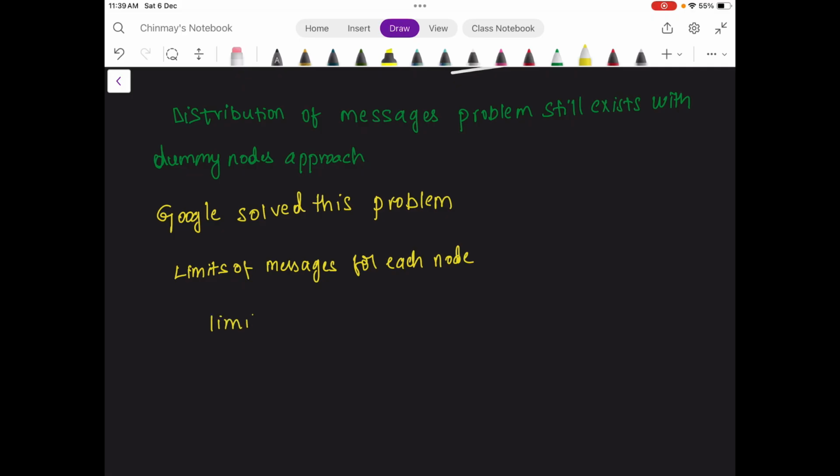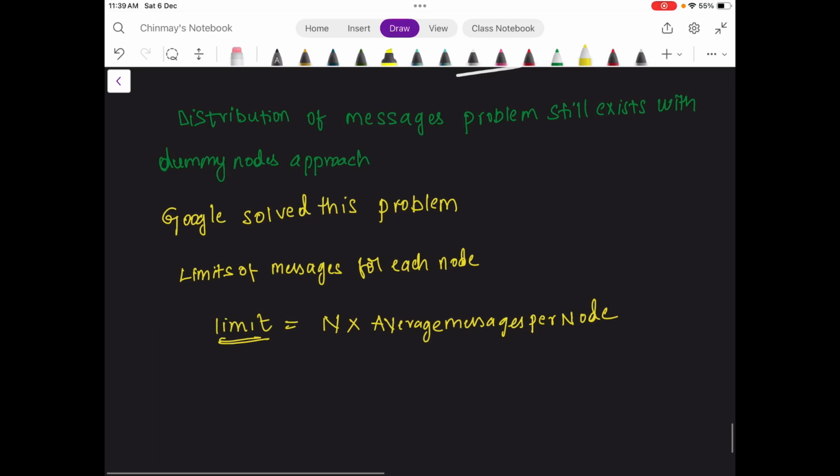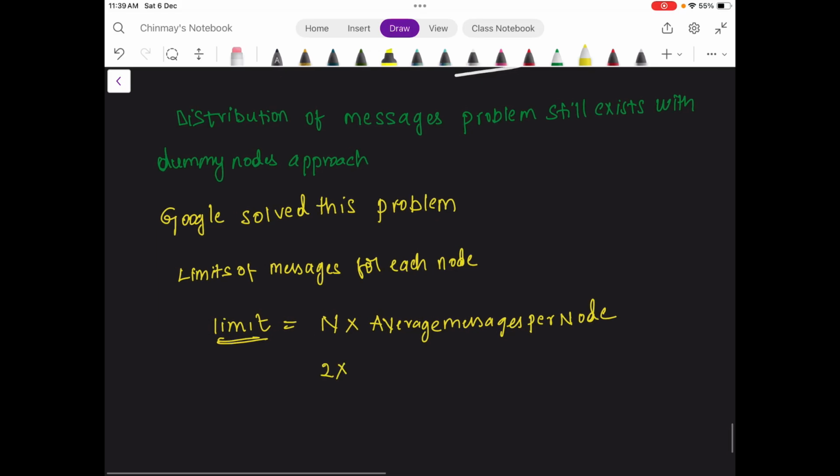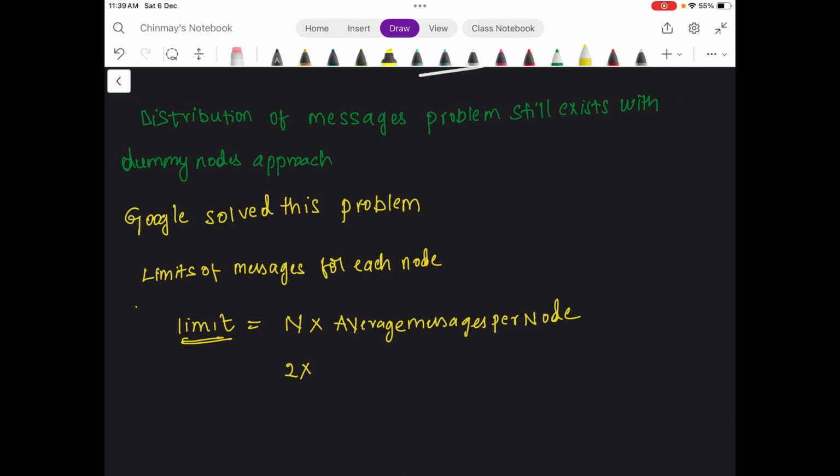Limit is equal to n times the average messages per node. This is the maximum limit for a node. n depends upon your scale. For example, n is 2 times the average messages per node. That is the max limit of messages per node.